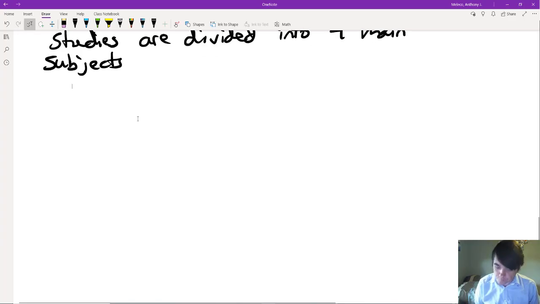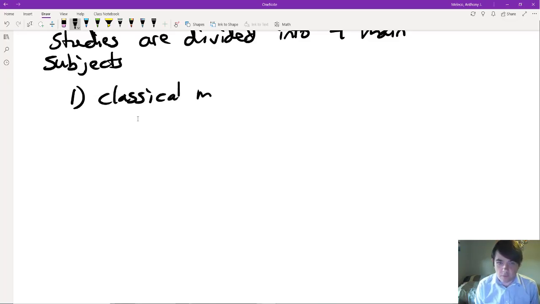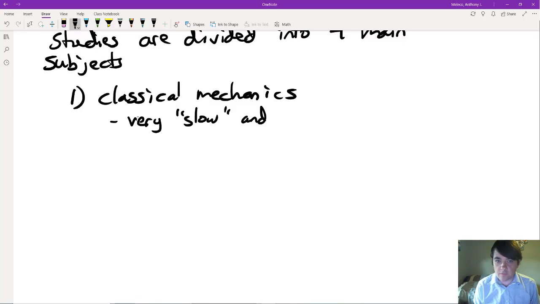Okay. So here are the 4 main subjects. So the first subject is classical mechanics. Okay, this is the first thing that people think about probably when they think about physics. This is the physics of very slow and large systems.